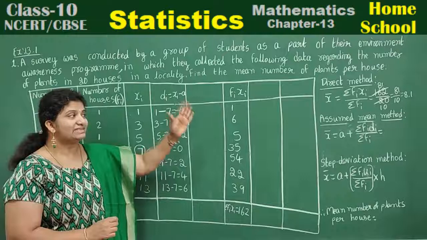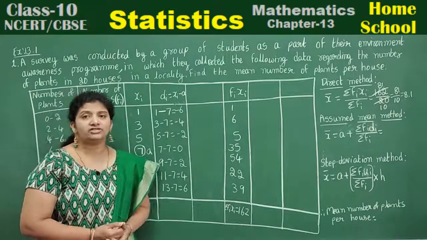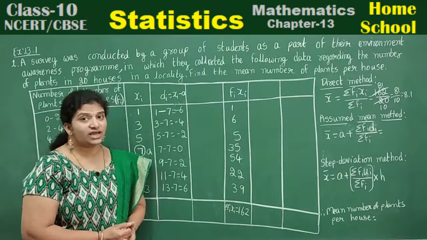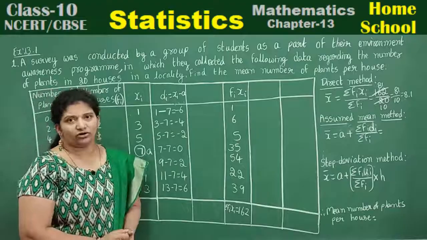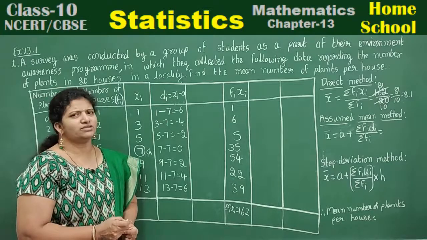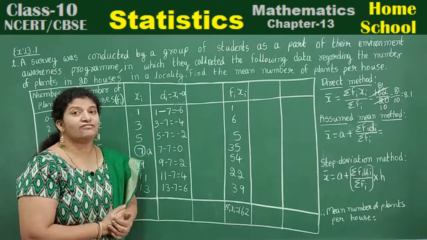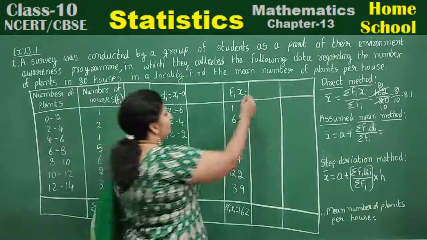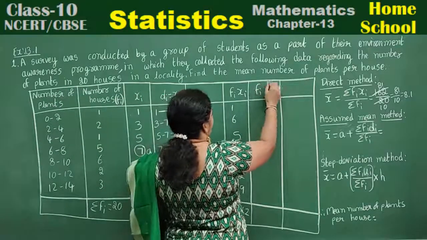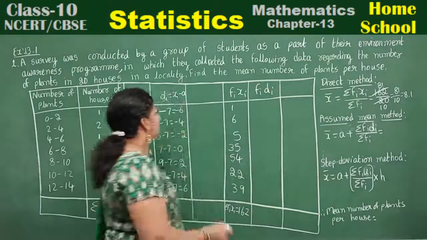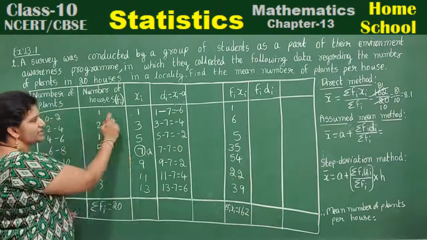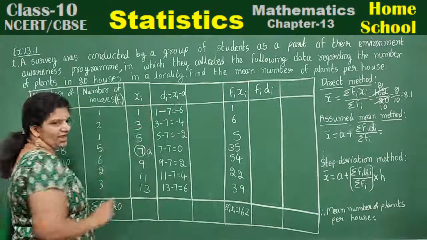Now, next column. What will be the next column? Summation fi di I want. Summation I want means first I need to find fi di. Write the column here. fi di. See, observe carefully. This is fi. This is di.